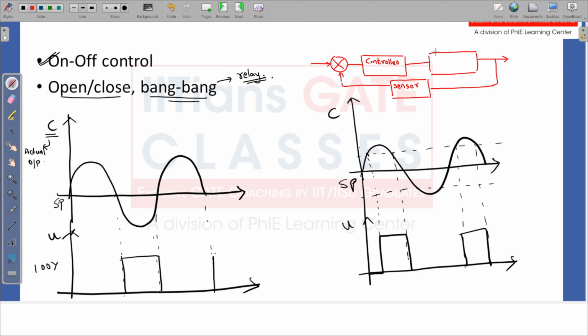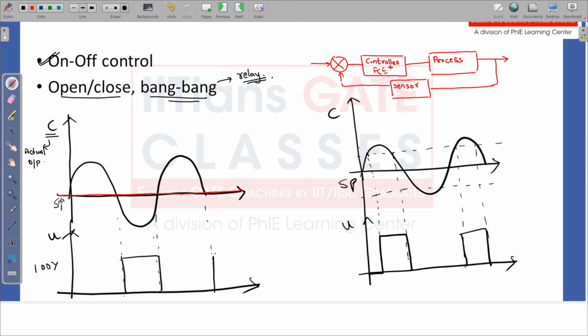This is your process. I have taken the combination of controller as well as final control element, because space is not there to draw two blocks. Now, this is your C, or actual output, or controlled variable. This part is my set point, and over here we have the controller output.